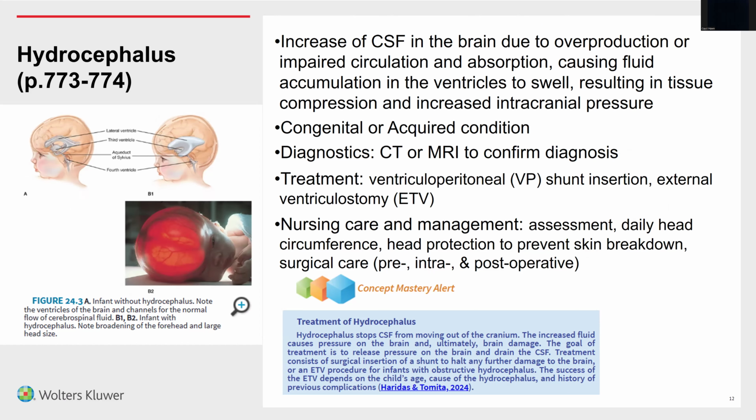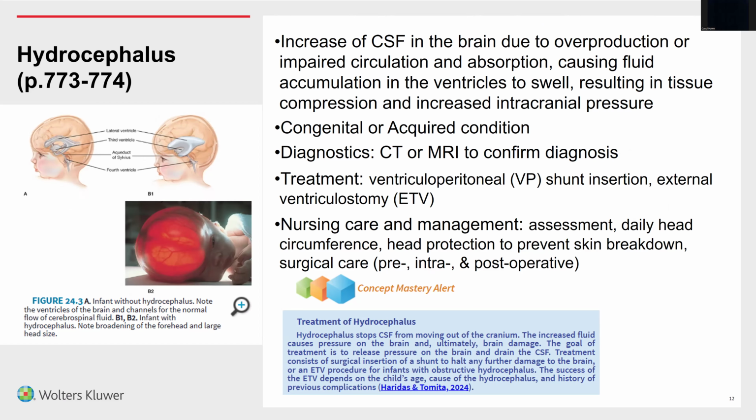So that's what your concept mastery alert from your chapter is talking about. And it tells you about the two different procedures that we can do, and that the success of that depends on the child's age, the cause of the hydrocephalus, and any history of previous complications. We also want to do head protection to prevent skin breakdown.